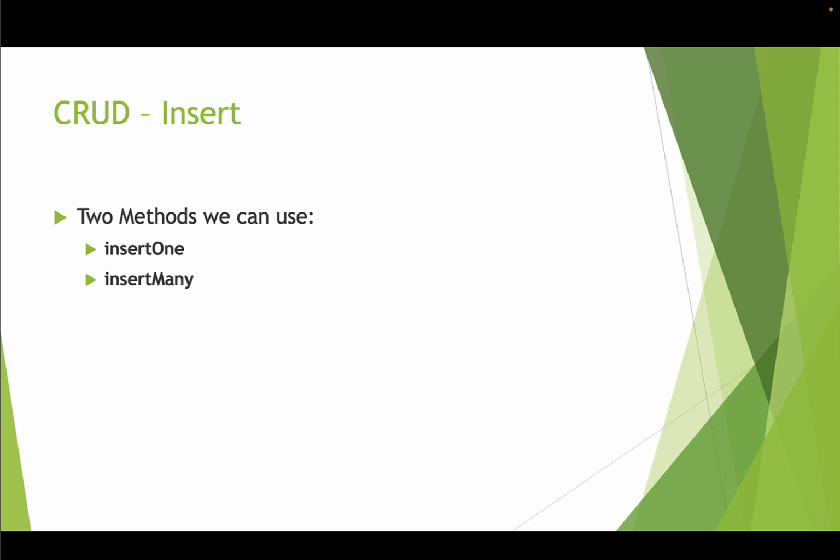In the case of insertMany, as the name suggests, you provide an array of objects that is used to push those documents into the collection. So let's check out how we can do this programmatically.